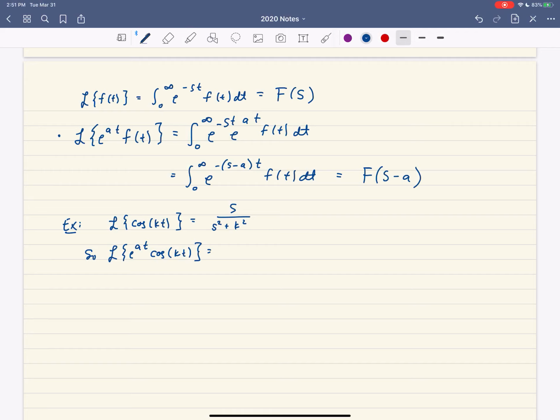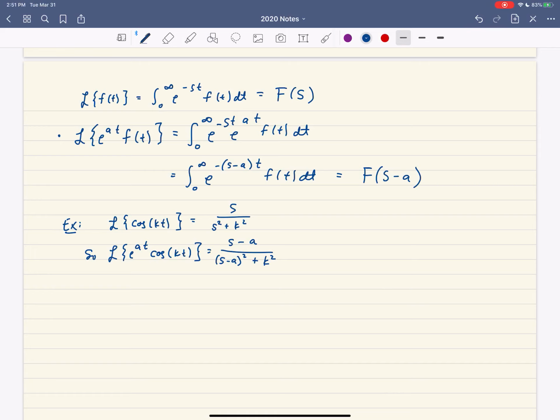What does it mean to shift this Laplace transform by a? Well, wherever there was an s, we're going to put an s minus a. So this is going to end up being s minus a over s minus a squared plus k squared.